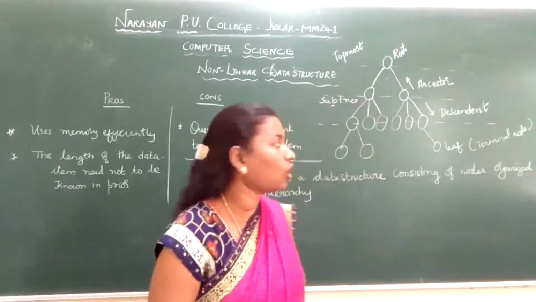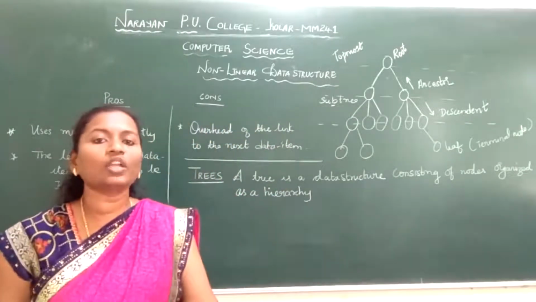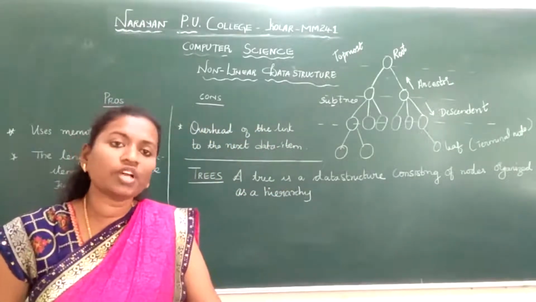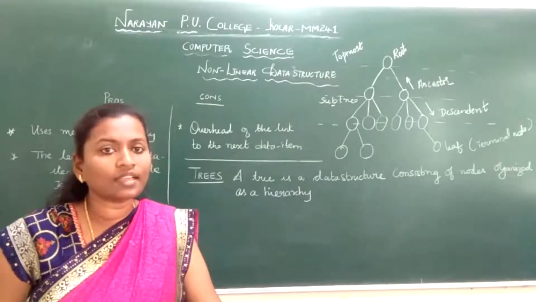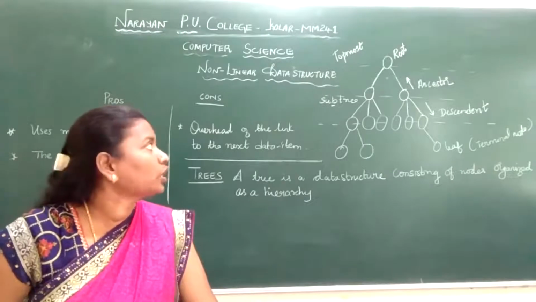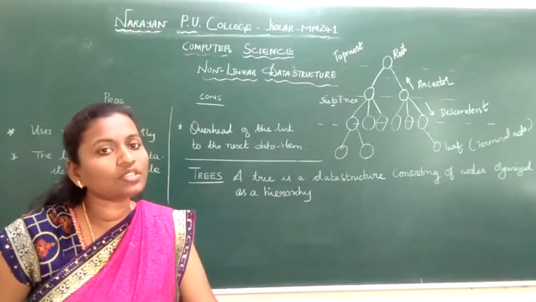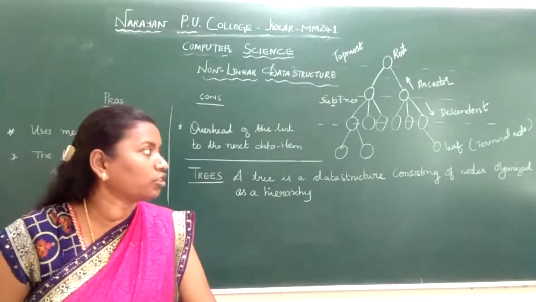The last nodes, the terminal nodes, are called leaf nodes. So I repeat, a tree is a non-linear data structure in which all the data items are organized in a hierarchy. The topmost is the root node, then we have subtrees, then child nodes as well as leaf nodes. The terminal one is called a leaf node.